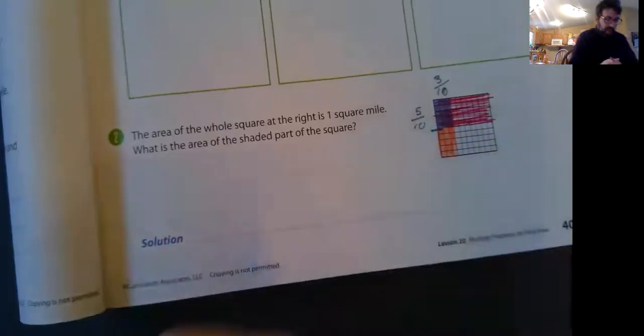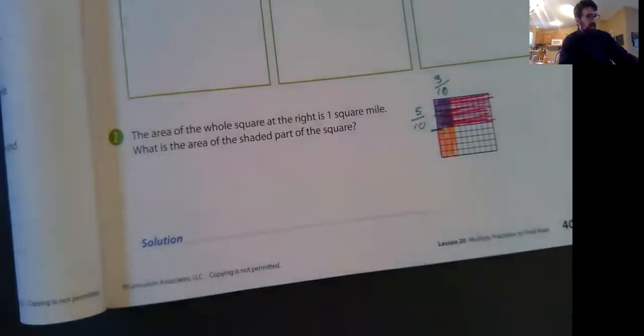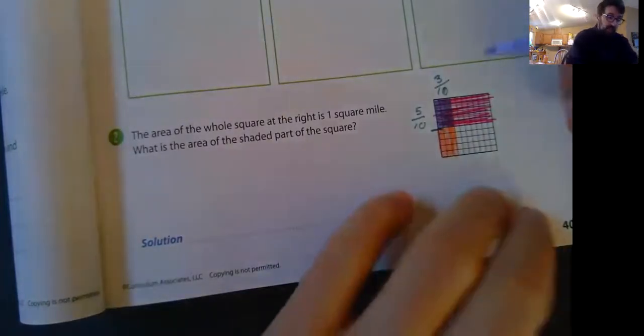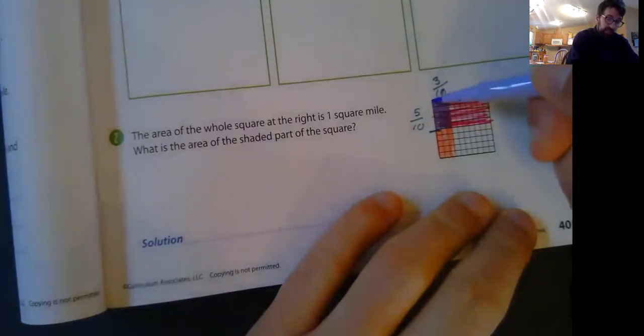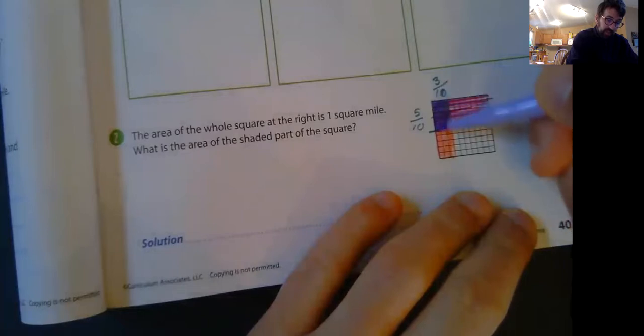And what we care about is a fraction of a fraction, like we talked about in the last lesson. So this is 3/10 of 5/10, or 5/10 of 3/10. So this area right here, just this area right here, is all that matters, okay?